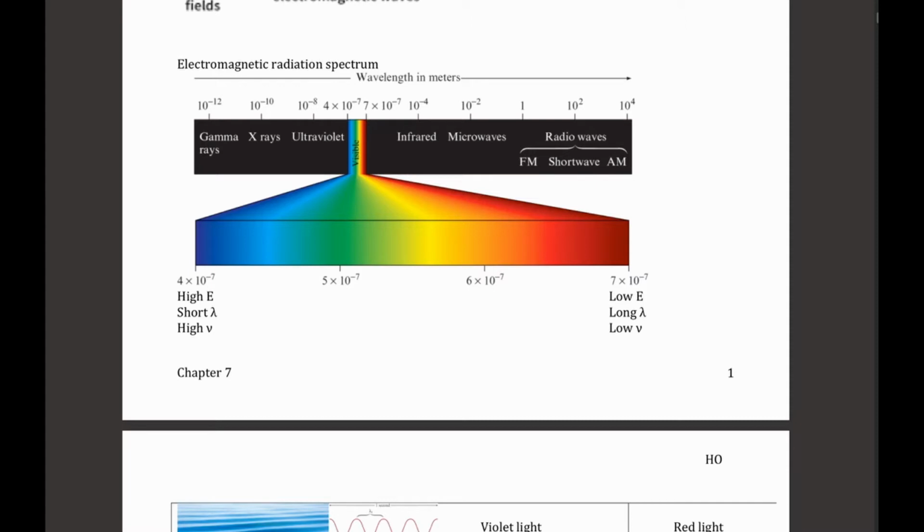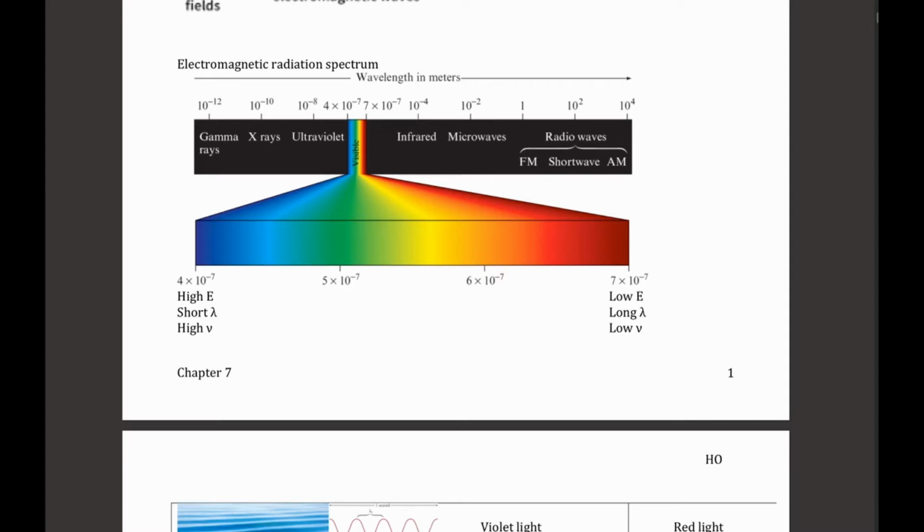The highest energy end is violet, and then we have blue, and then we have green and orange, or yellow, then orange, then red. So the high energy corresponds to short wavelength and high frequency. The low energy end corresponds to longer wavelength, so we say long wavelength and low frequency.